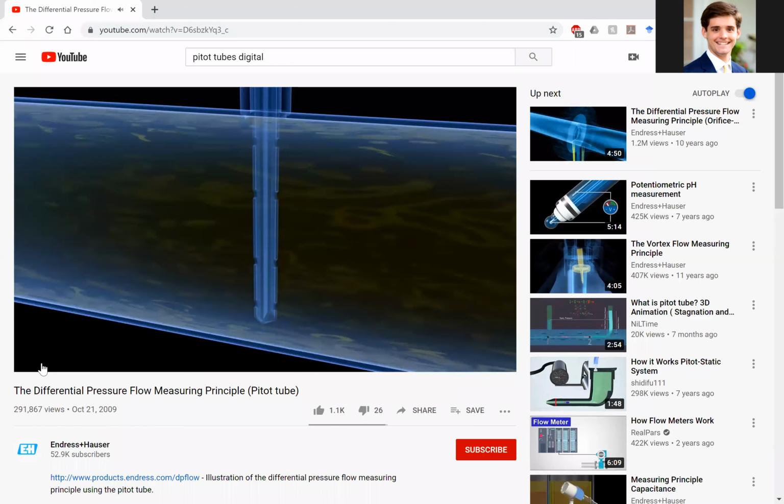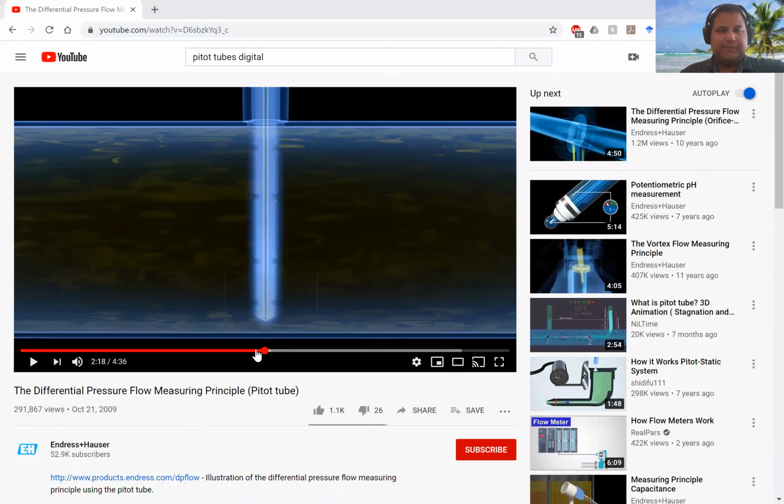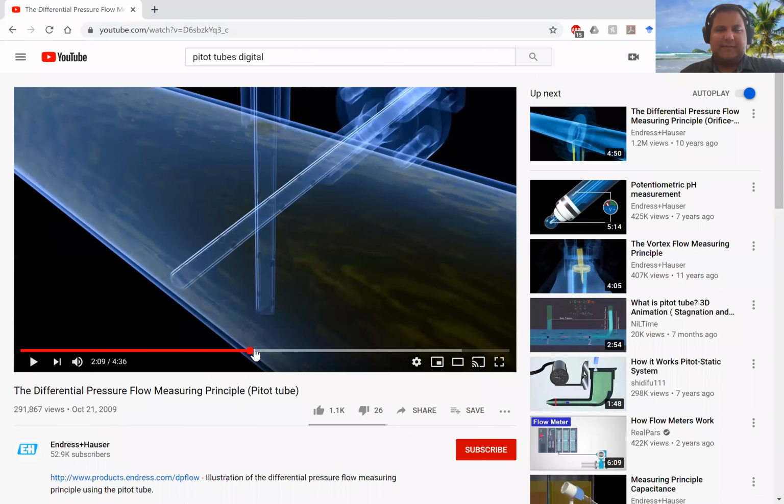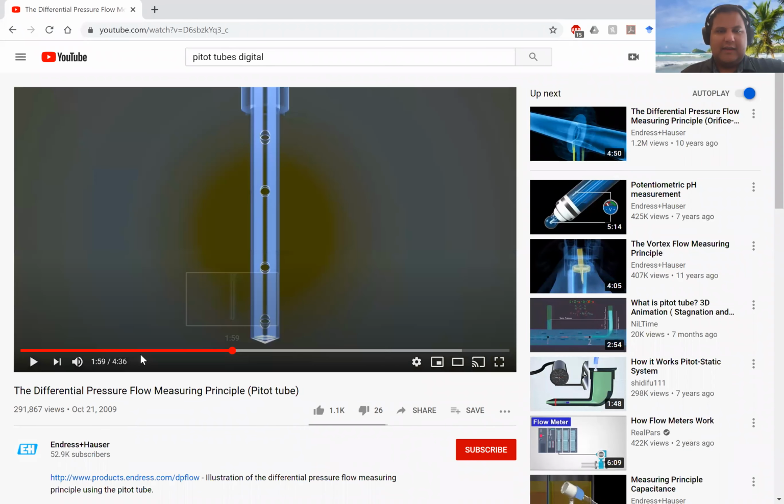Then I'll just describe really quickly the way this updated pressure Pitot tube works. You've got essentially a rod that's in the flow area.